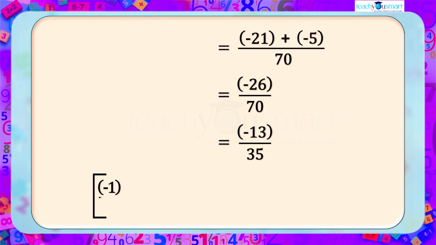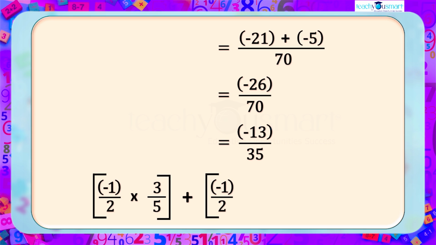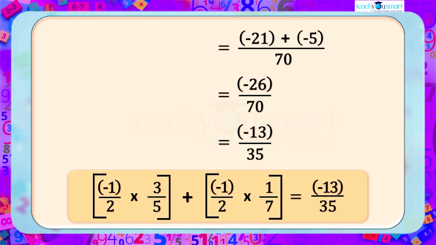That is, -1/2 × 3/5 + (-1/2) × 1/7 = -13/35.